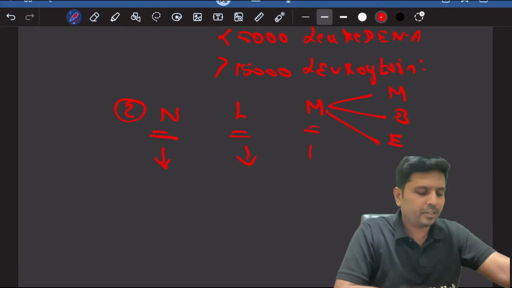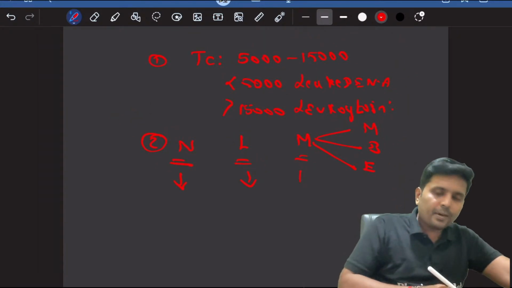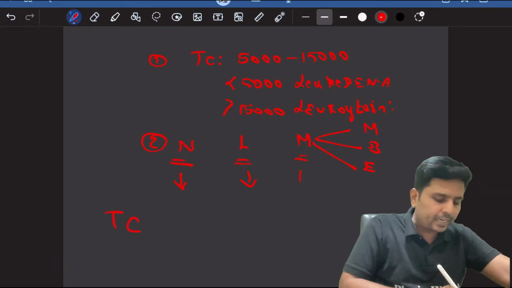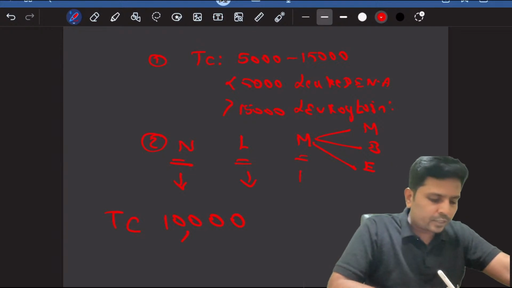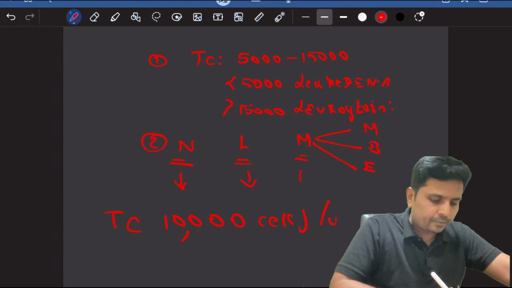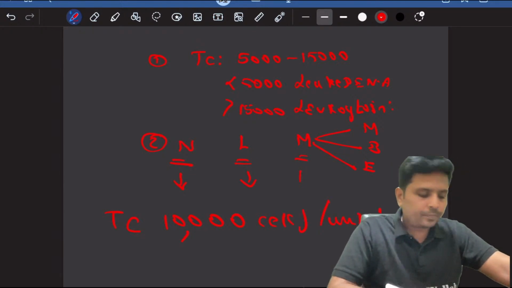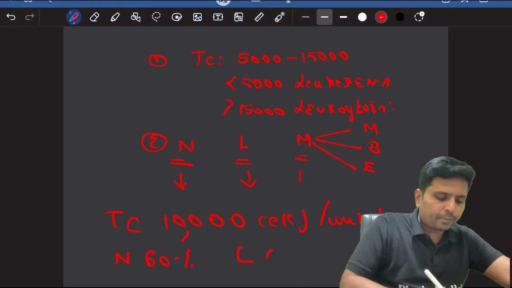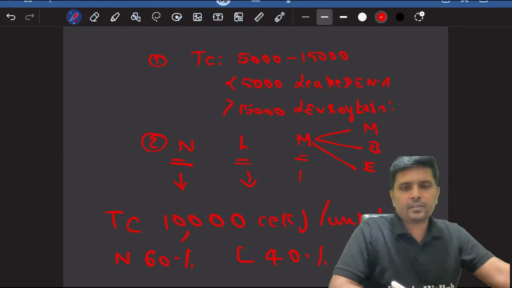For example, let me say the total count of a patient is 10,000 cells per cubic millimeter, and you have a neutrophil percentage of 60% and a lymphocyte percentage of 40%.